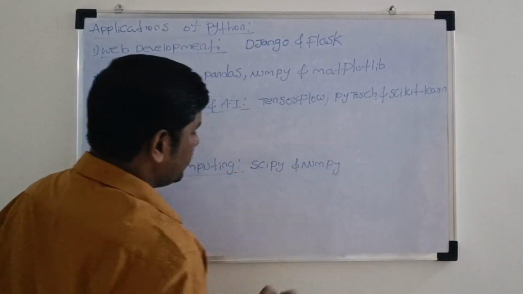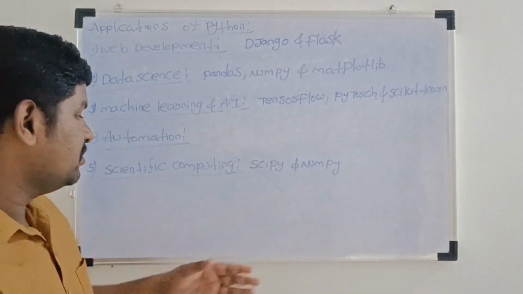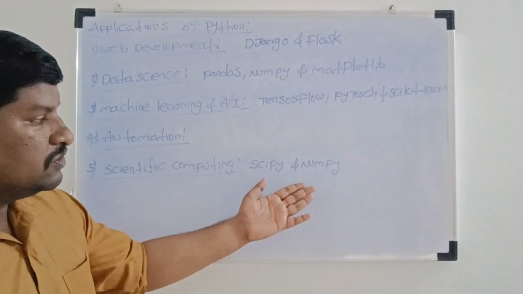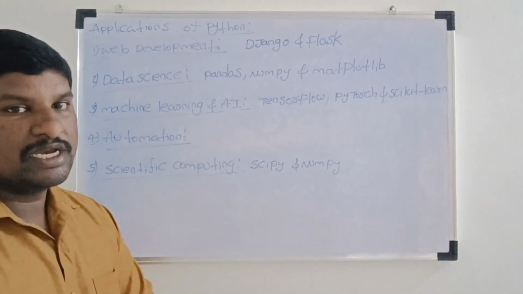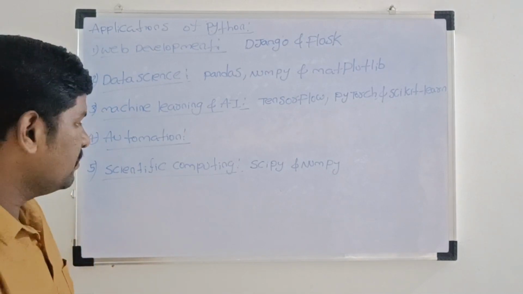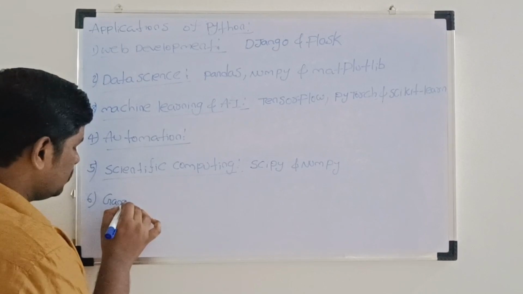SciPy and NumPy are Python libraries for scientific computing. They provide tools for working with mathematical functions, arrays, and simulations. Okay, and next last one is game development.